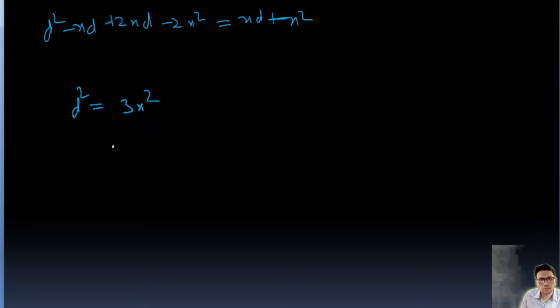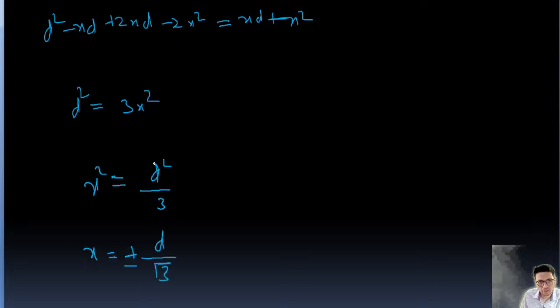So the value of x square is d square upon 3, which means x equals plus minus d upon root 3.